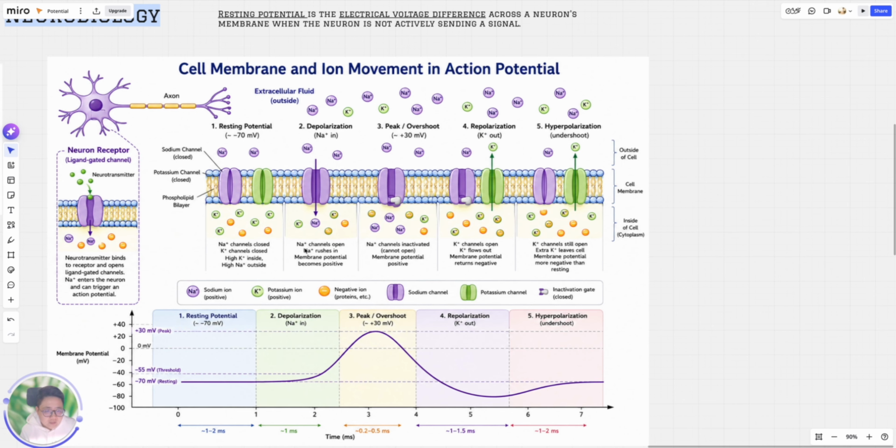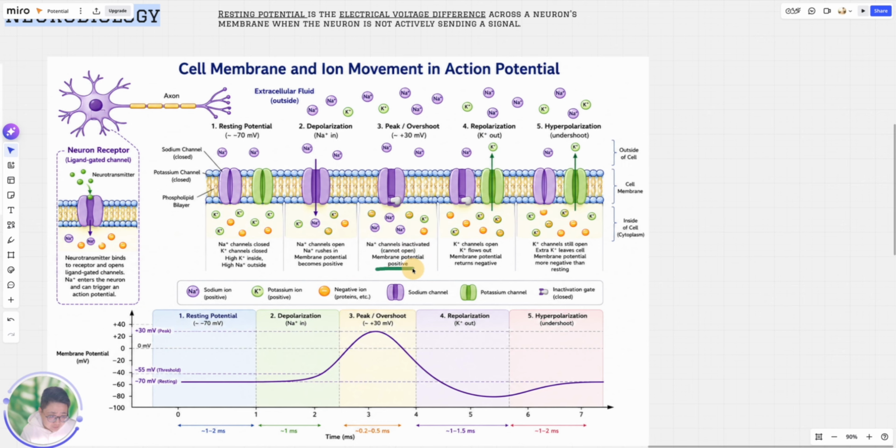And so what would happen is when this becomes overly positive, basically they will be opening the gate, and then the sodiums will rush in, and then it becomes very positive, and then the sodium channel becomes inactivated, cannot open.